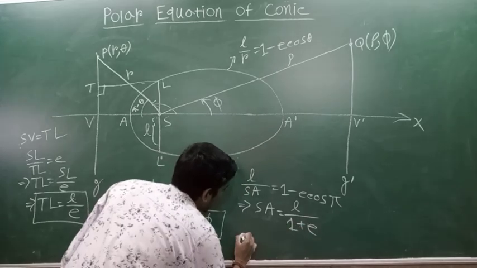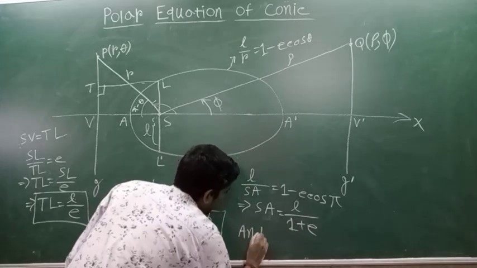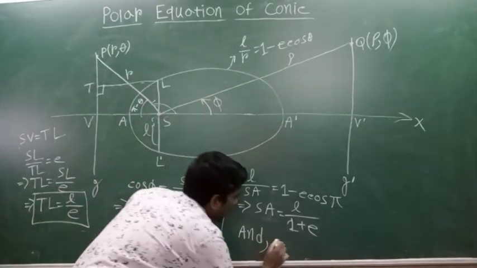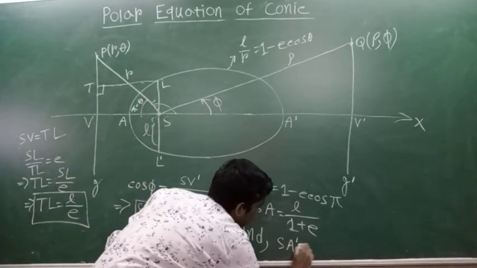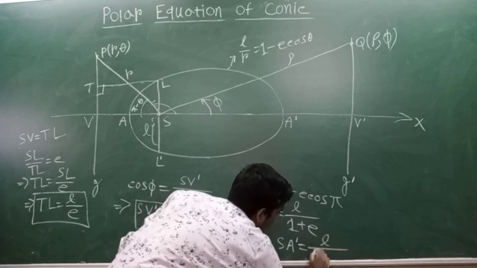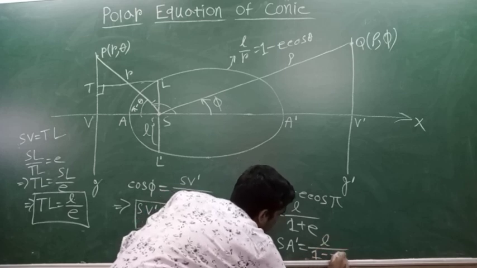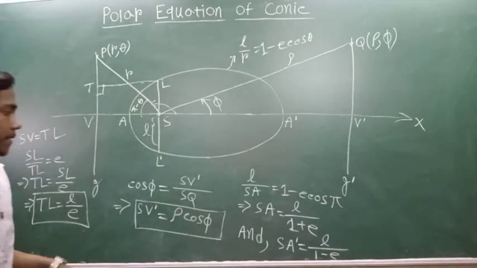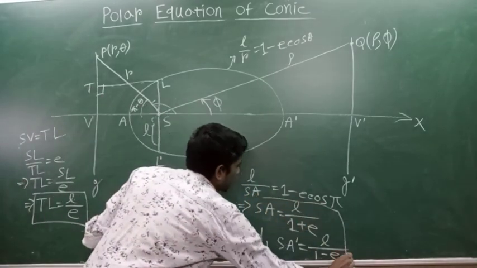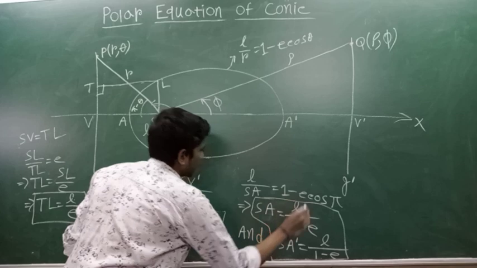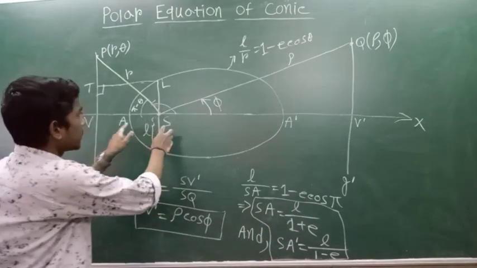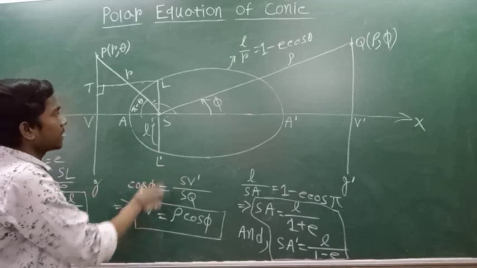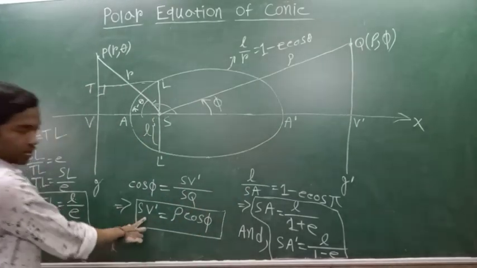And similarly, if you put A dash here, you will get SA dash is equal to l by 1 minus e. Now these are two important expressions we use. SA is this length and SA dash is this length, but we have to find the length of SB dash.